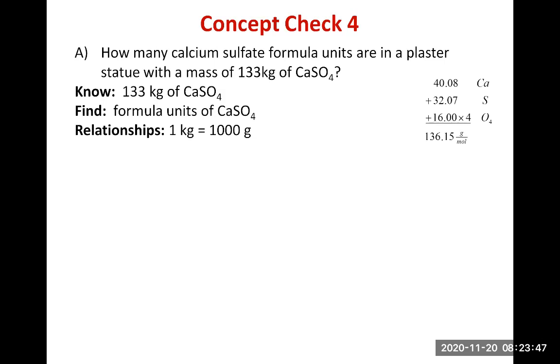Next, we need to calculate the molar mass, because from the grams we can calculate number of moles. And for this, we need the formula mass, or the molar mass of calcium sulfate.